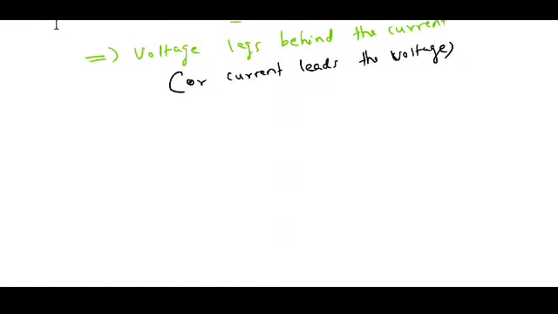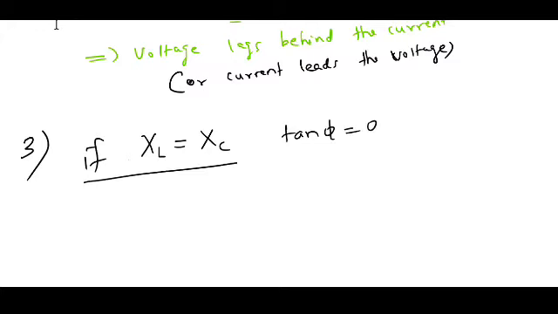Fine. Now let us come to the third case. If the inductive reactance XL is equal to the capacitive reactance, then our tan phi will be 0. If tan phi is equal to 0, then phi is equal to 0.